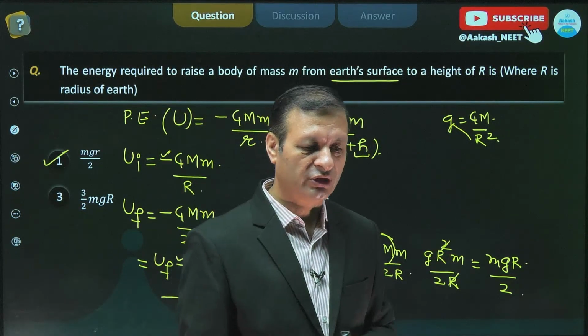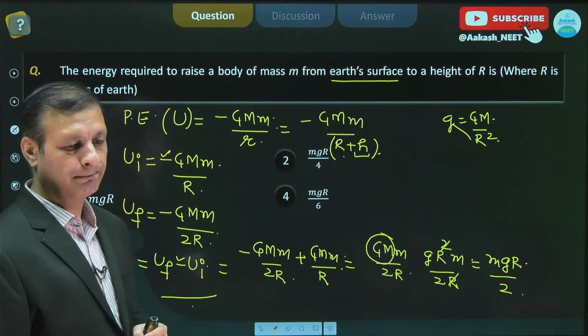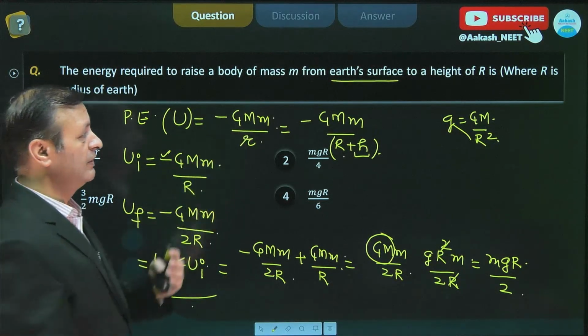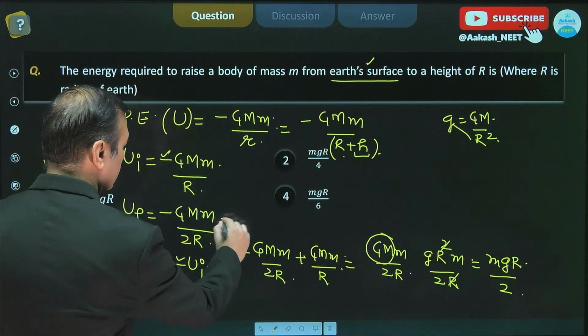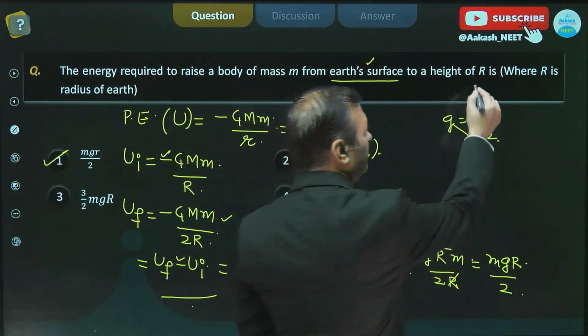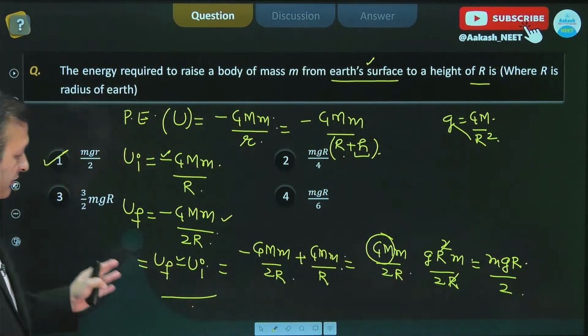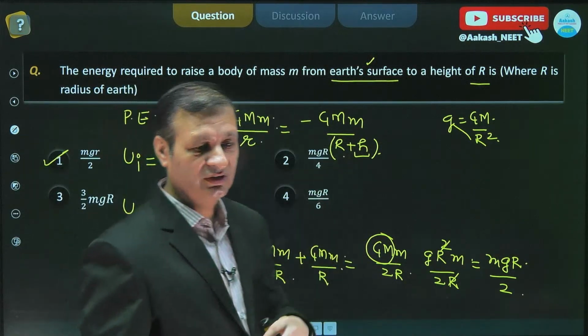If you have understood the potential energy, then only you can solve the numerical. So this is the initial potential energy of the body when it is placed at the surface of Earth, and this is the final potential energy when it is taken to a height r. And the difference in the potential energy, final minus initial, will give you the amount of energy that is required for this change.